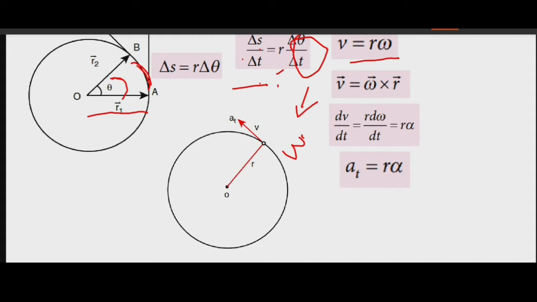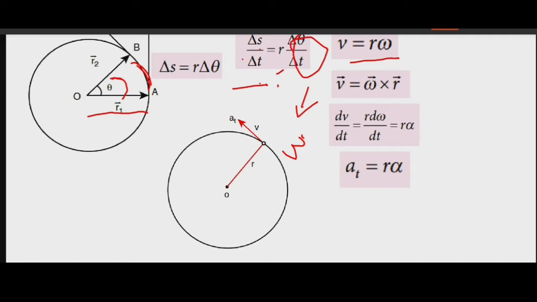In general, the relation between linear and angular velocity is given by v vector is equal to omega vector cross r vector. The omega vector and r vector are perpendicular to each other.